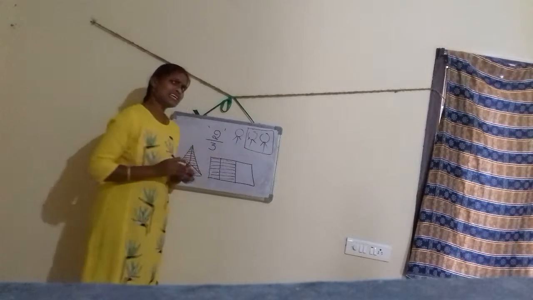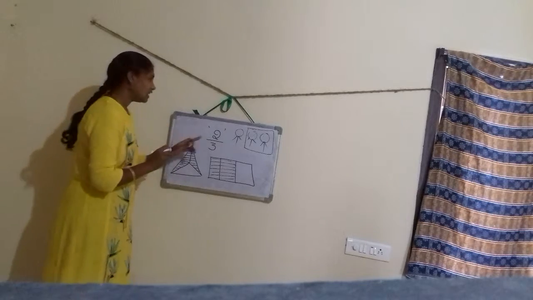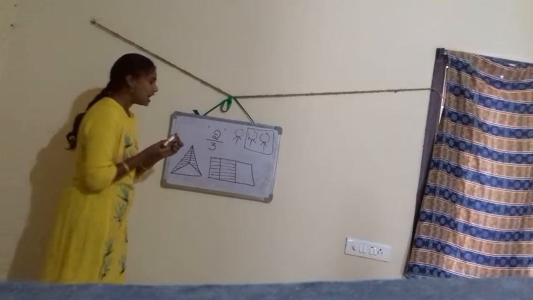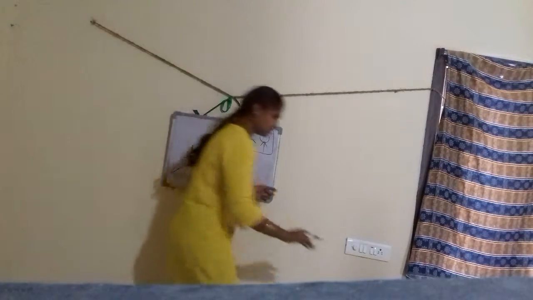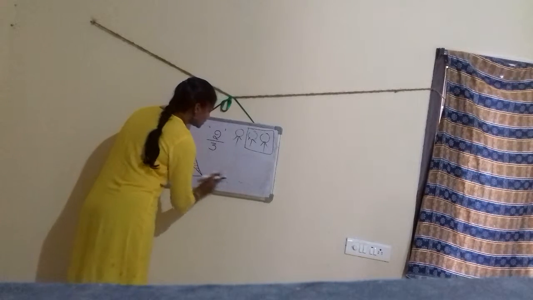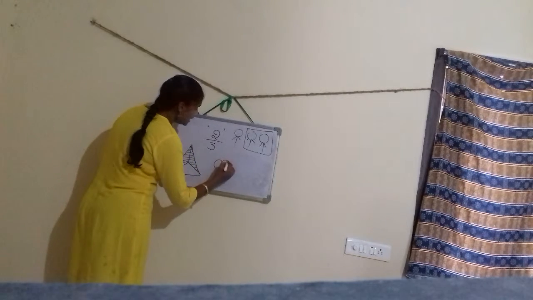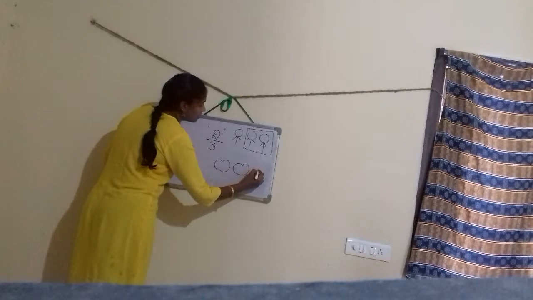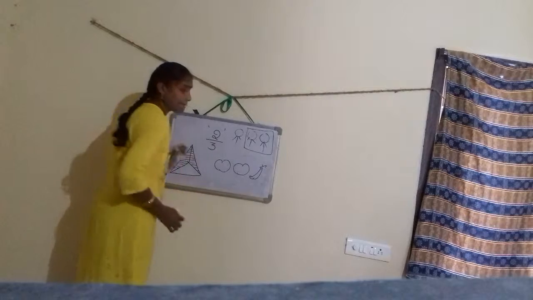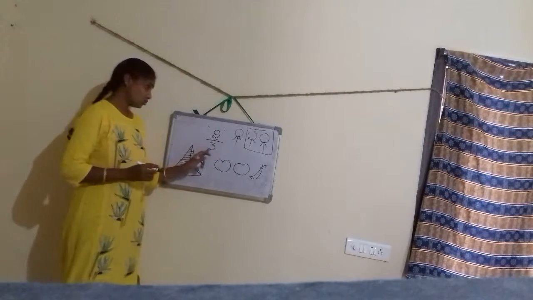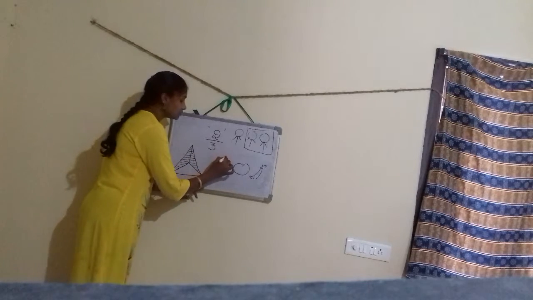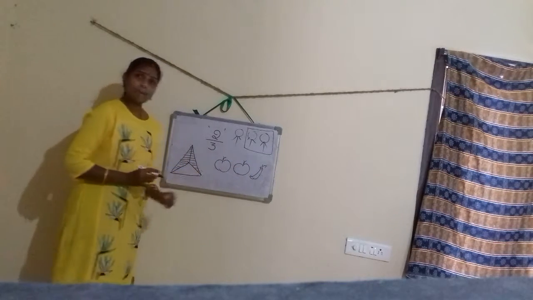Shall I take another example? Let me give you one more example of 2 by 3. I have some fruits: apple and banana. I have 3 fruits in total. From these 3 fruits, 2 are apples.